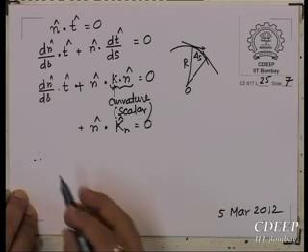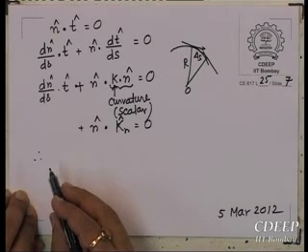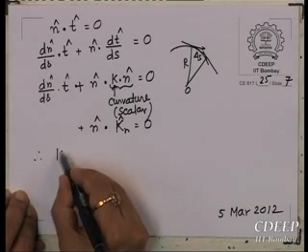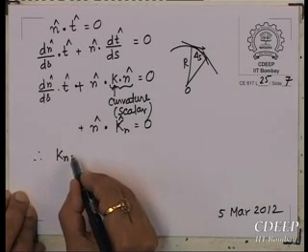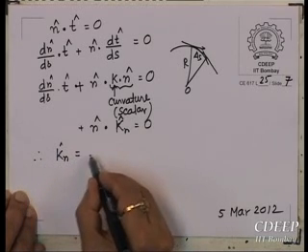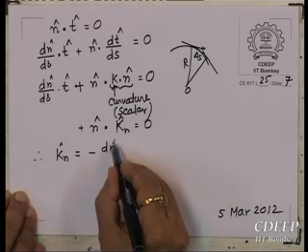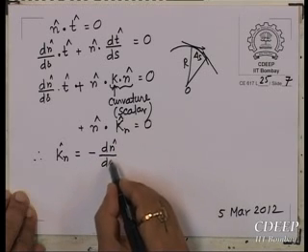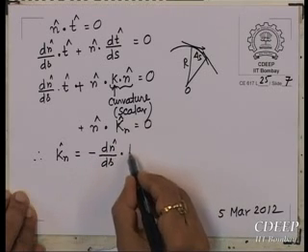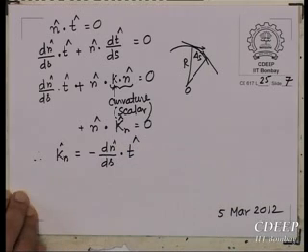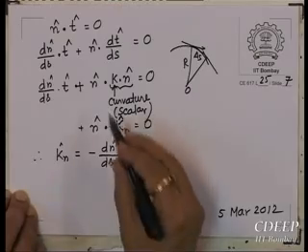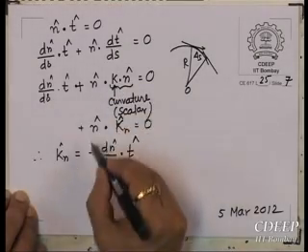And therefore kn will be minus dn by ds dot t. Sorry, this is scalar k.